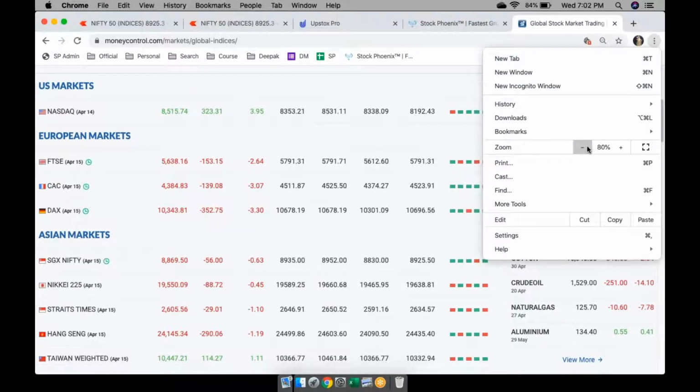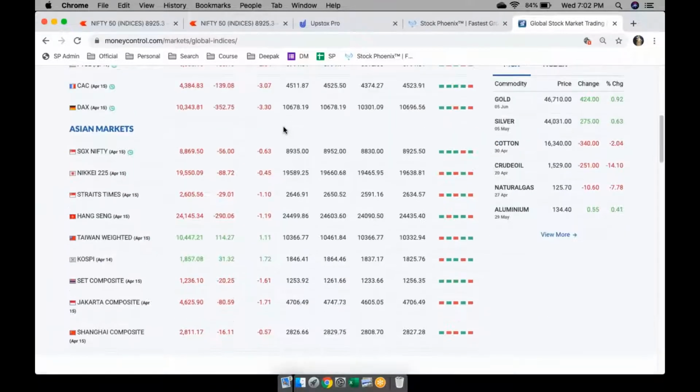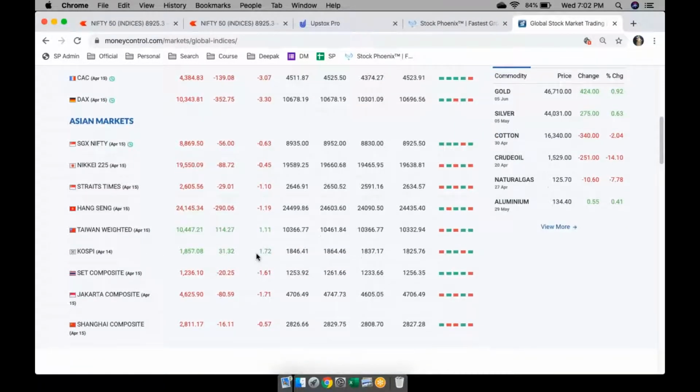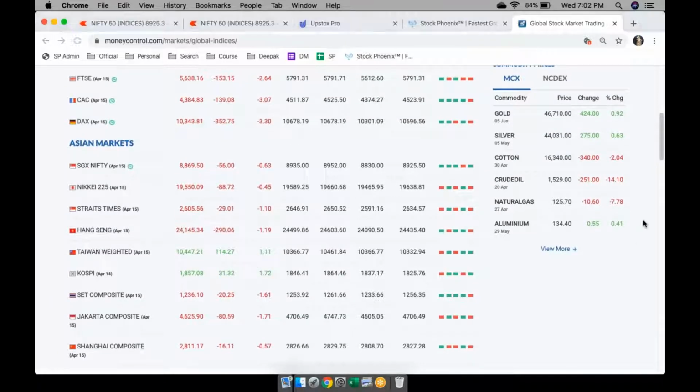So Singapore Nifty, where is it? Okay, Singapore Nifty is here. SGX Nifty is nothing but Singapore Nifty, which is our Nifty getting traded in Singapore Exchange. More or less this Nifty and our Nifty will be at the same price. There will be a very minute difference.